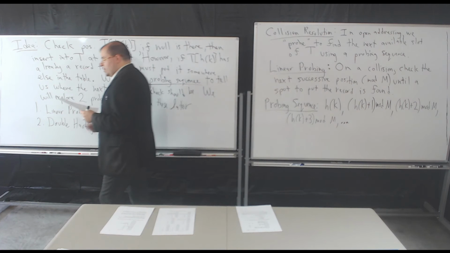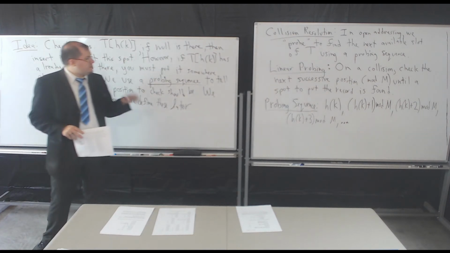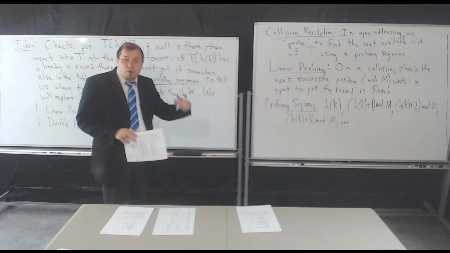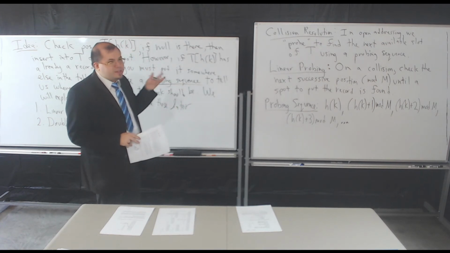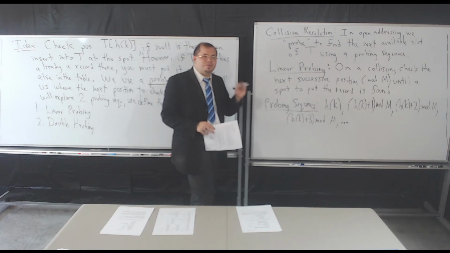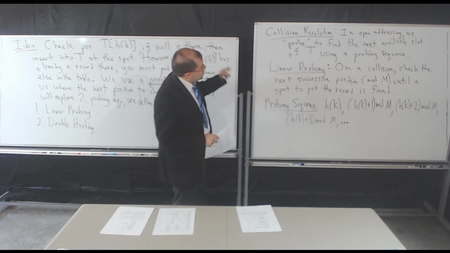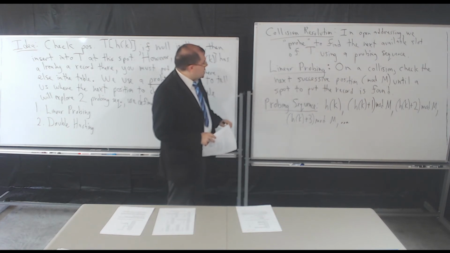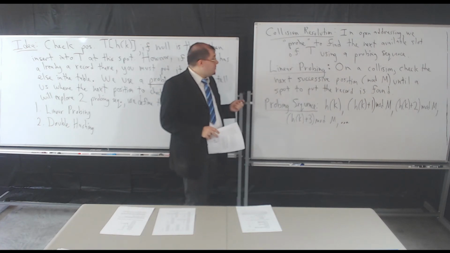Now, it's worth noting that in practice, you would typically select the table size in linear probing to be a prime number. Prime numbers typically work really well as table sizes. That's usually a good practical way of doing things. Some of these, as we're going to see, require that the table size is prime, at least for a guarantee of it working properly.